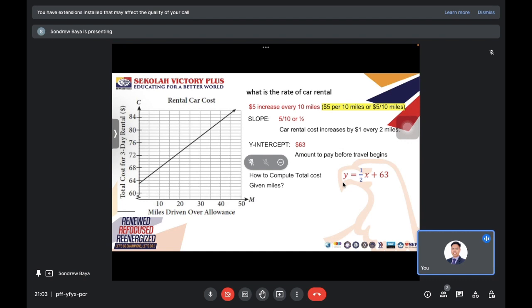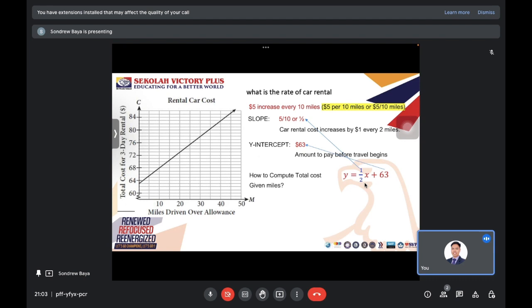Now, to answer that particular question of how to come up with this, there is actually a certain form which is now shown here. If you observe clearly, this 1 half is simply your slope, and this 63 is simply your y-intercept.